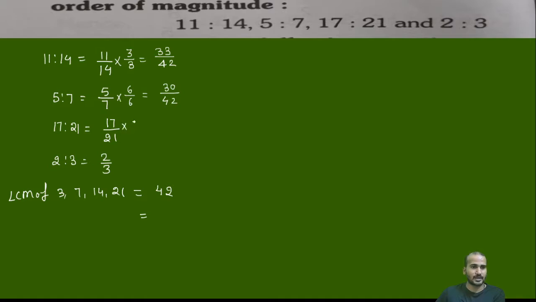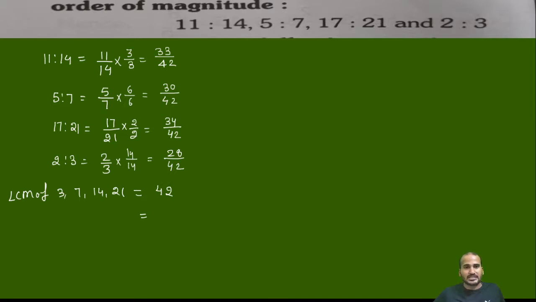And if I multiply here by 2, you will get 34 upon 42. And here, multiplying by 14 over 14, you will get 28 upon 42. Sorry for that, maybe I am making some mistake.